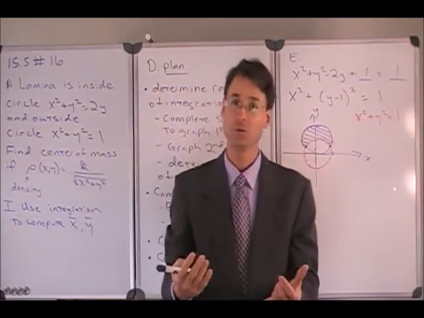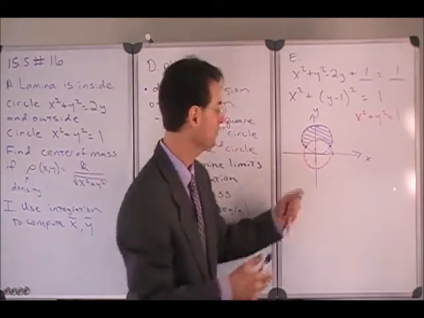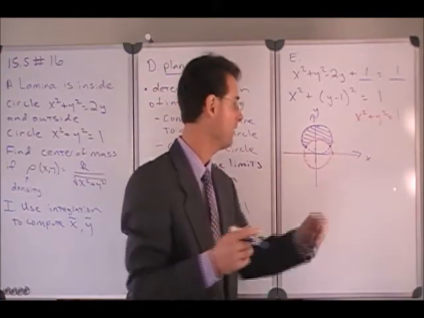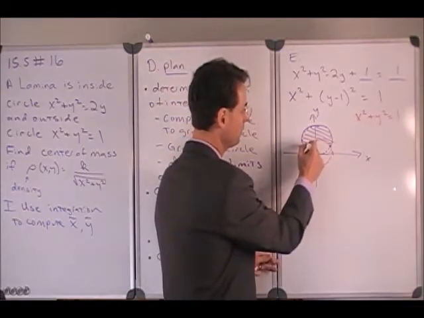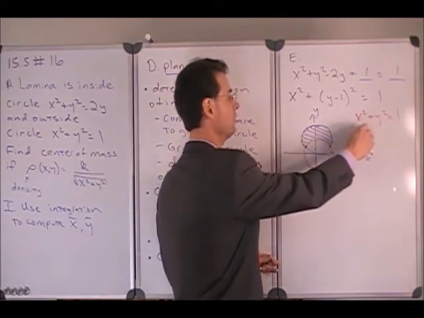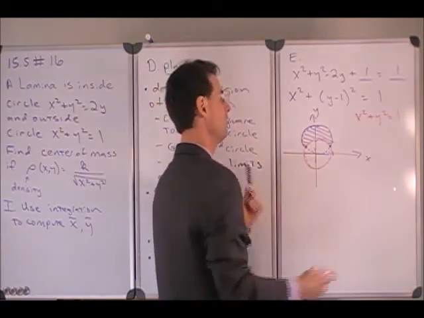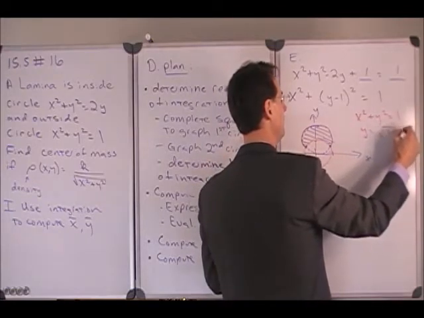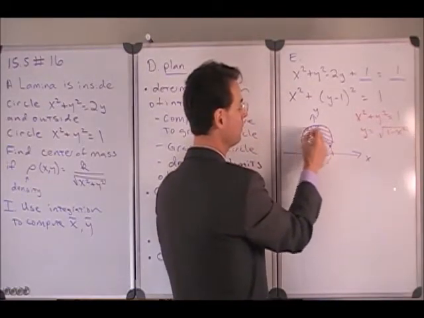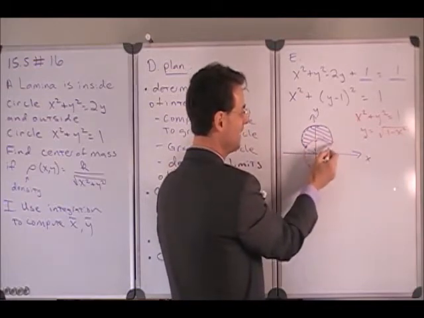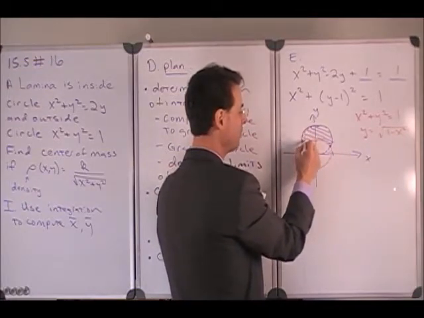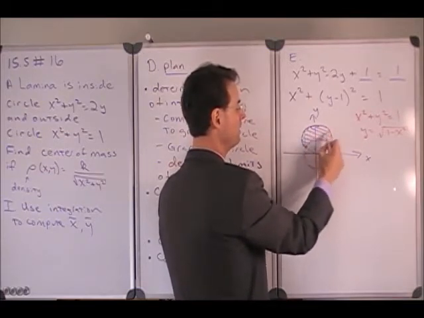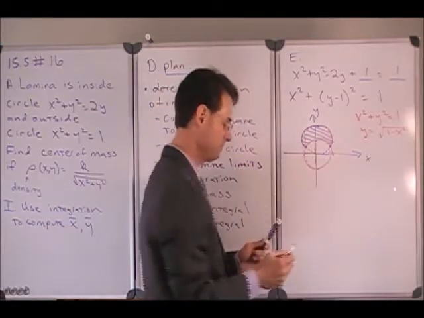And unlike a lot of the integrals that we do in 2 dimensions, this region we need to set up 3 different regions to cover the whole area, because if we just start at the lower curve and go to the upper curve, and if we take the lower curve as something like this, and we say, okay, the lower curve is y equals the square root of 1 minus x squared, and we integrate from the lower curve to the upper curve, and from x min to x max, we'd actually end up leaving out these 2 regions here, and we'd only end up incorporating the region in the middle.